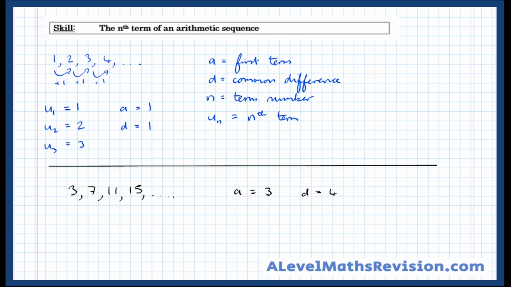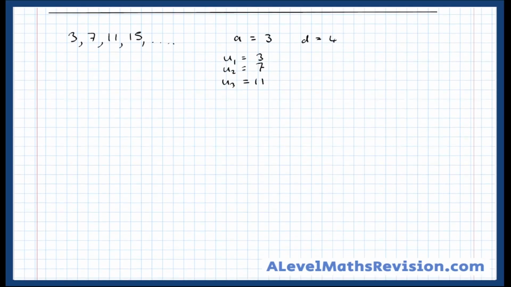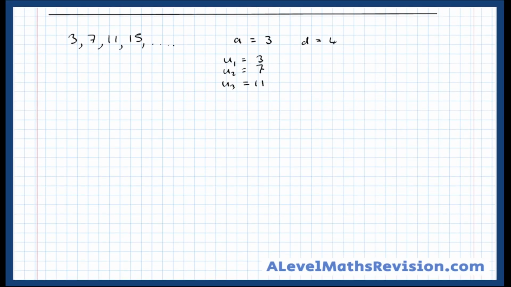And just practicing use of the other terminology and notation, U1, also we call that A sometimes, is 3. The first term is 3. U2 is 7. U3 is 11, and so on. So remember, to get between terms in an arithmetic sequence, we add on the difference. There's a common difference between each term, so we add on a difference each time.